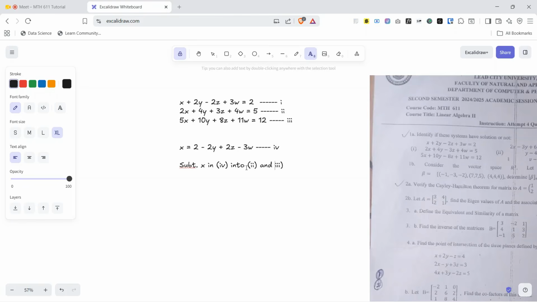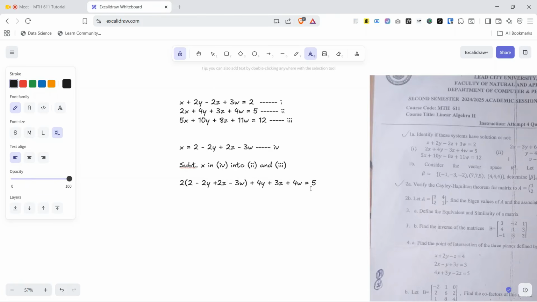You are substituting for x in both 2 and 3. So we'll have 2 into, our x will now be 2 minus 2y plus 2z minus 3w, plus 4y plus 3z plus 4w equals 5.